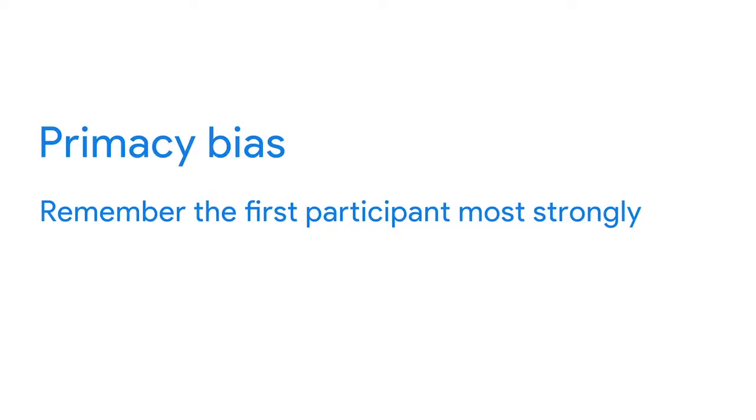To overcome the recency bias, you can take detailed notes or recordings for each interview or conversation you have. This way, you can review what people said at the start of the conversation, in case you don't remember. UX designers might also struggle with primacy bias, where you remember the first participant most strongly.